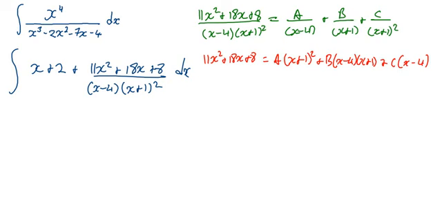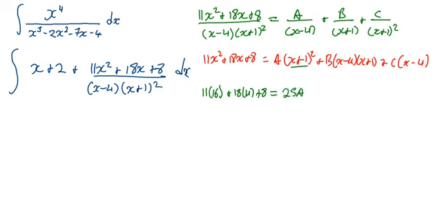The first step is that we know 4 is one of the values of x that we have, so I can replace x with 4 here and see what we get. 11 multiplied by 4 squared, which is 16, plus 18 multiplied by 4, plus 8 equals, on the right, 4 plus 1 is 5, 5 squared is 25, so I have 25a.